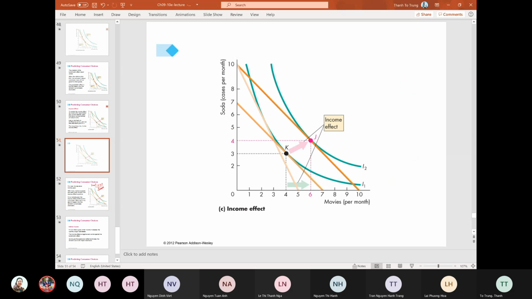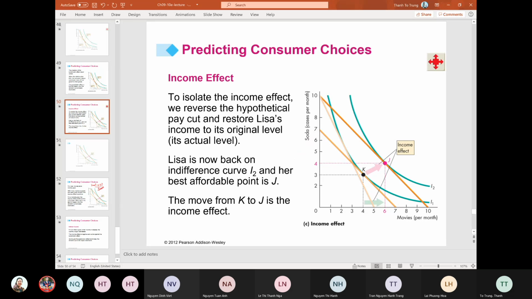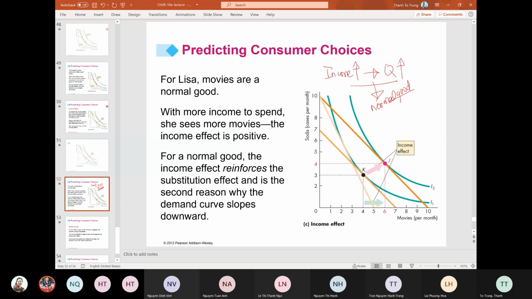But things could be different when movies are not normal anymore, but inferior. If movies are inferior, you can expect that point J is not here anymore.